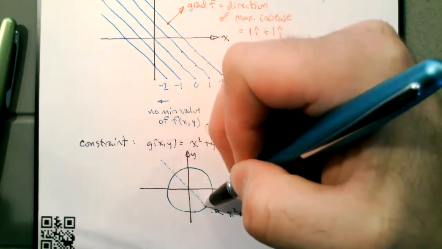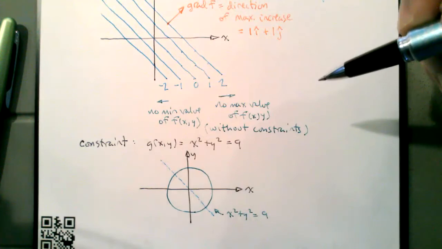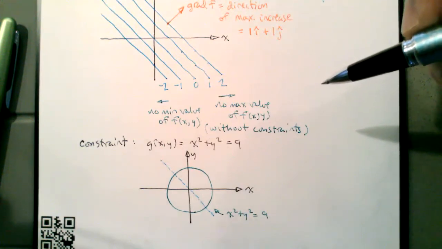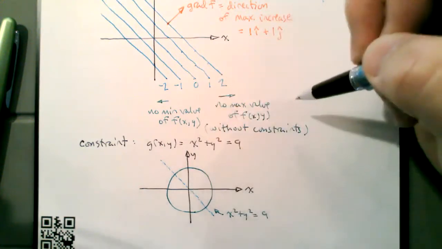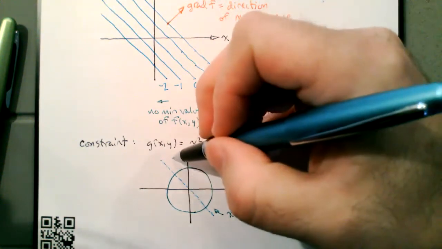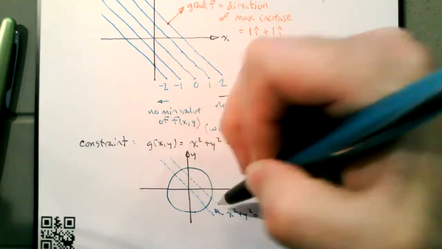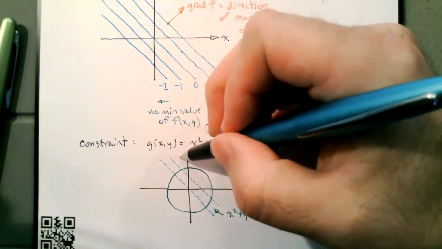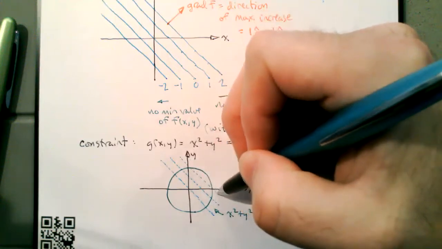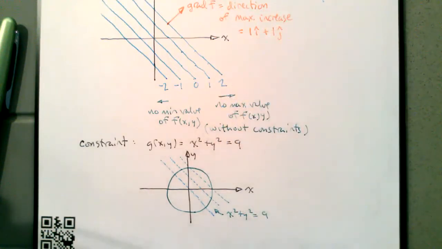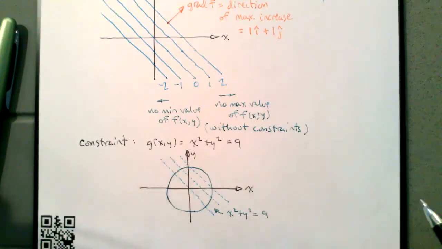So here's where f is equal to 0, but we know we can get a larger value of f by going in the direction of 1i plus 1j. So here is a larger value of f. Eventually, we're going to pull these parallel lines along the direction of increase. Here are increasing values of f.